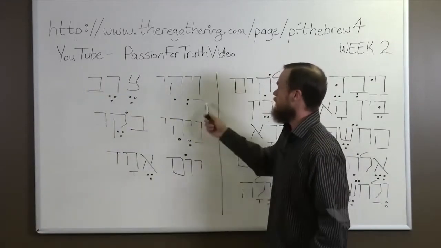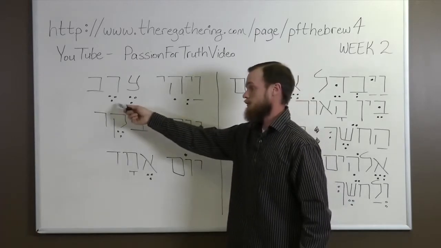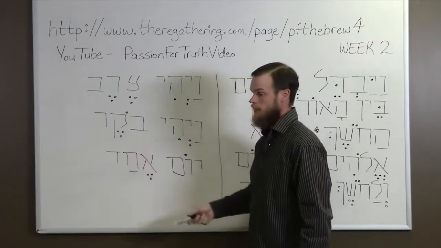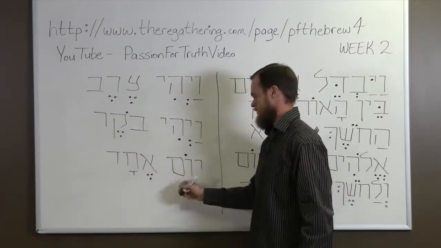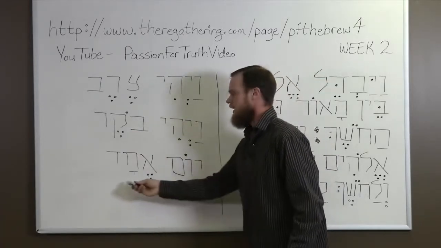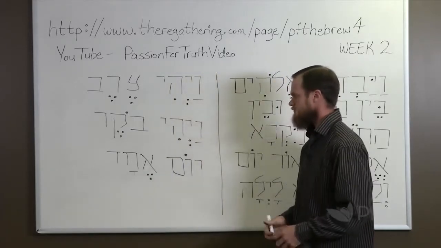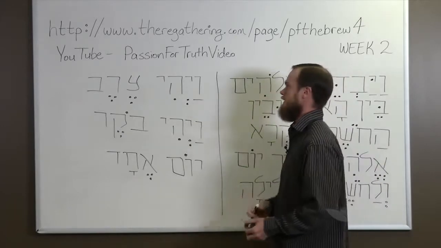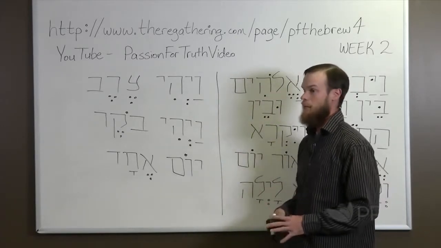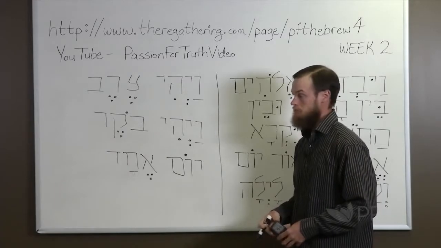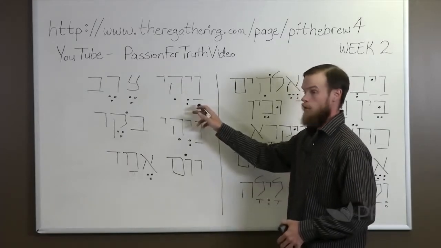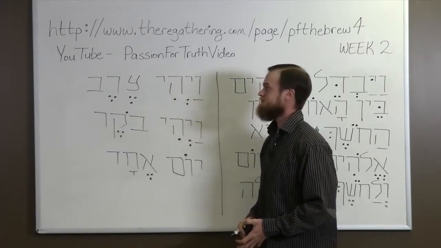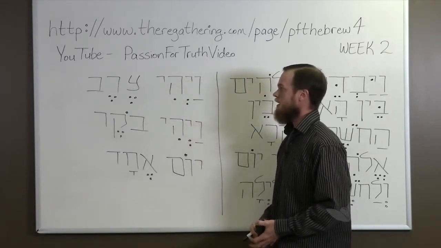So we'll read it real quick. Vayehi erev, vayehi voker, Yom, sorry about my sloppy writing, Yom echad. Okay? So, vayehi, I just explained what that is. And it was, or and he was. Okay? So now what was? Erev, which is evening.